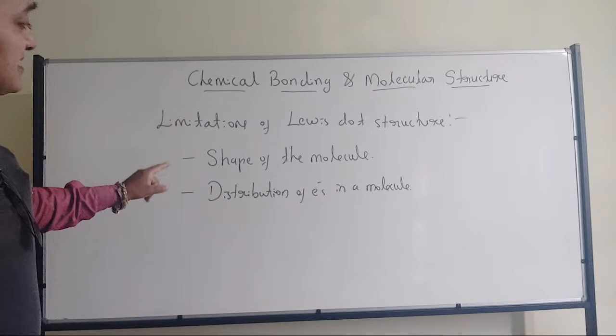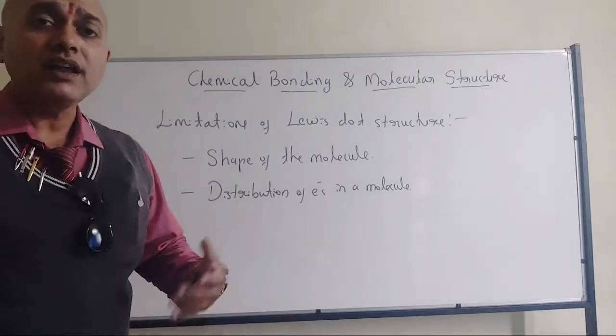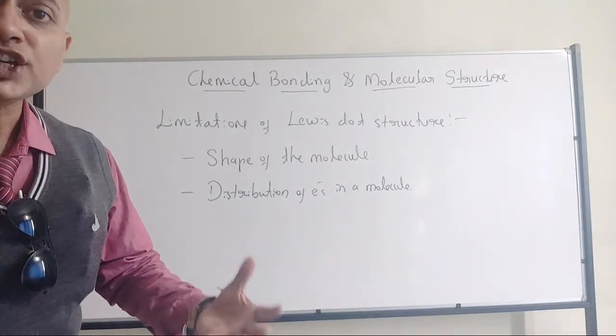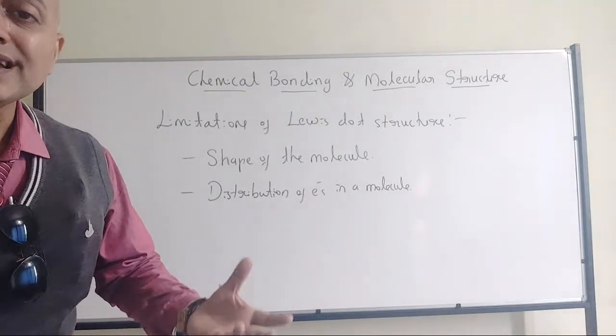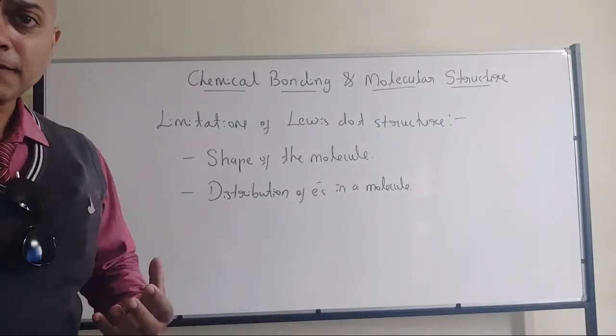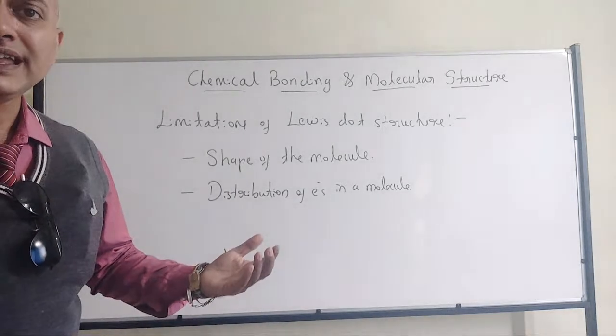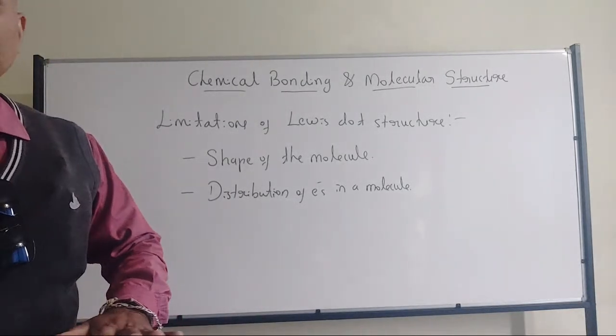What is next? Whatever electrons are shared, how are those electrons present? Are they exactly in the center of the two elements, or a little towards one element, or away from the other element?